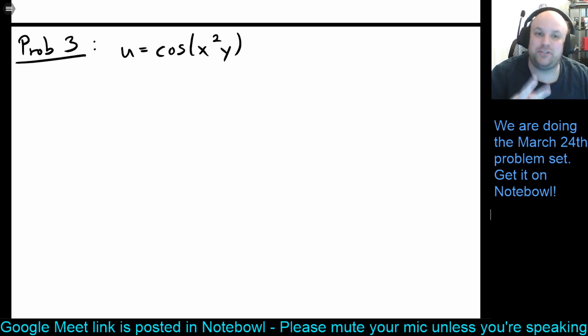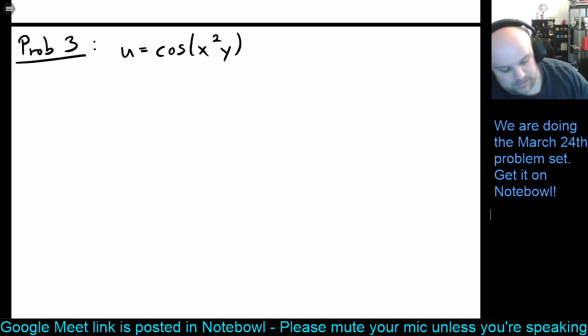Here we only need 2 of the second partials, and it's the mixed ones, the u_xy and u_yx. So it's important to remember what that theorem is saying. It's saying that we should expect those 2 second partial derivatives to be equal, basically as long as they're continuous.